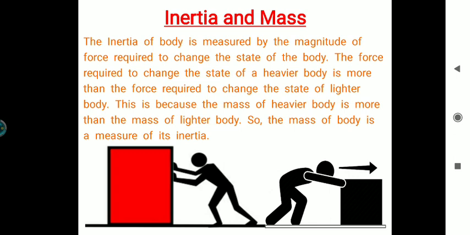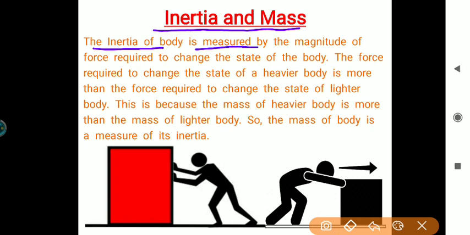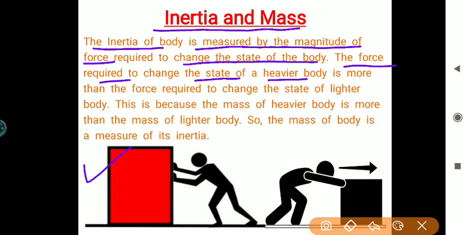So next is inertia and mass, meaning how inertia depends upon mass. The inertia of a body is measured by the magnitude of force required to change the state of the body. The force required to change the state of a heavier body is more than the force required to change the state of a lighter body.